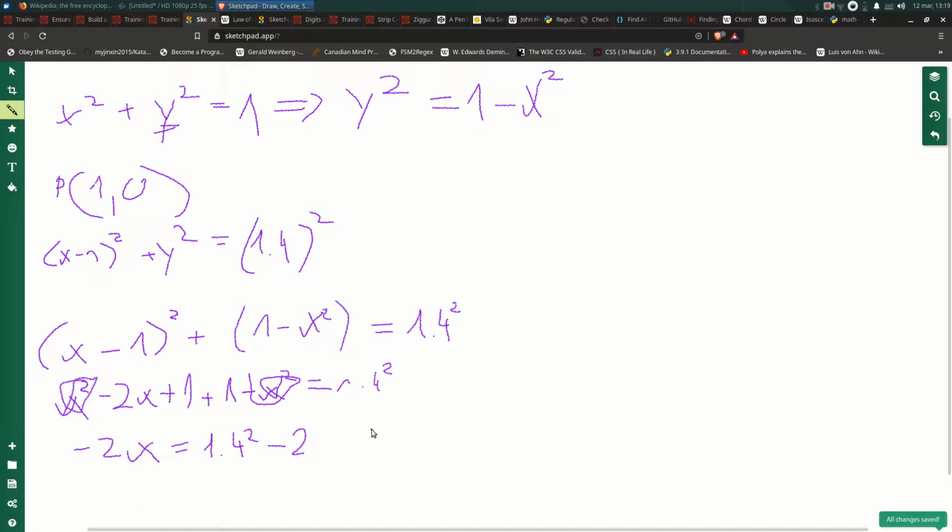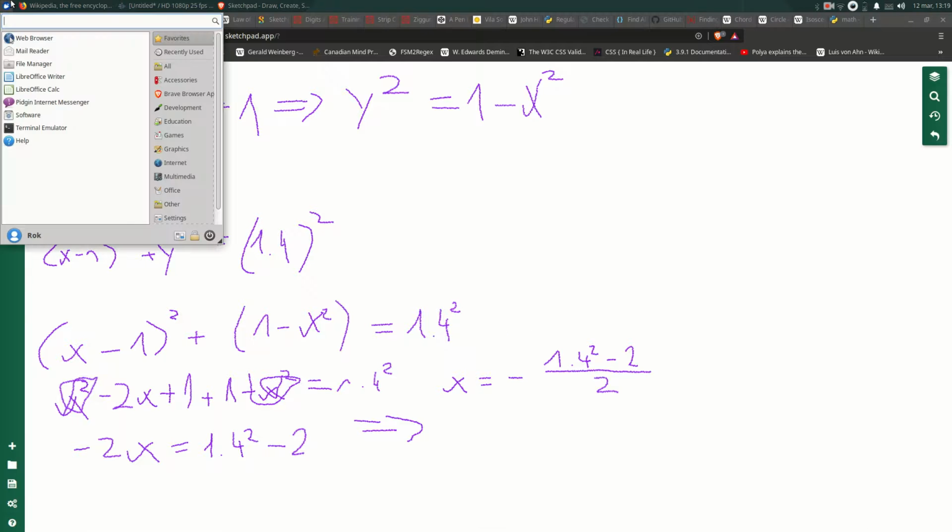So that concludes that x equals minus (1.4² minus 2) divided by 2, right?